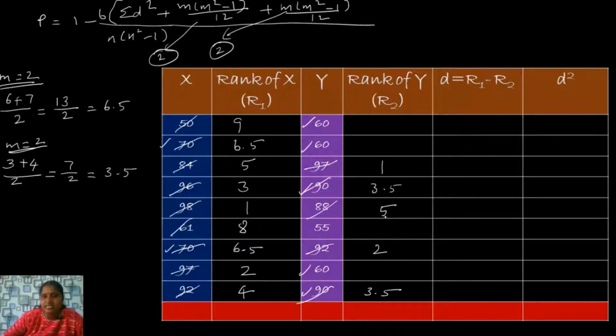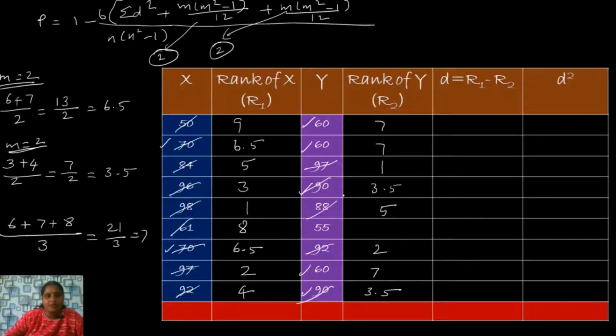Already we have assigned up to the 5th rank, so there is a tie between ranks 6, 7 and 8. So you have to add all these values and divide by 3. When you add them, you get 6 plus 7, 13, plus 8, 21, over 3, that is 7. So you are going to assign rank 7 to 60.